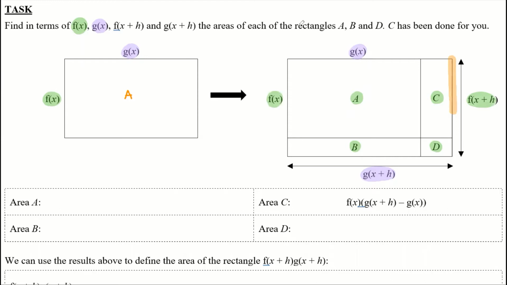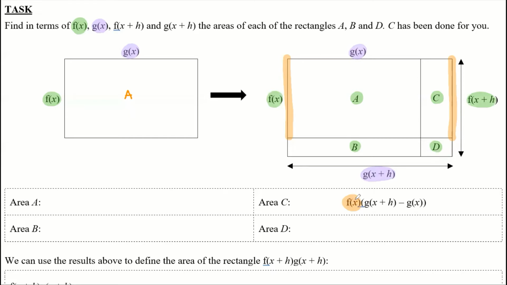So this distance here, obviously I'm going to need that to find the area of C. Now, if you look at the distance, we know that the full distance of the greater rectangle is f of x plus h, okay? But the length of C is just going to be f of x, okay? Because it corresponds to that measurement there, okay? So we know that the height of C is, of course, just going to be f of x. So that's where this factor comes in.